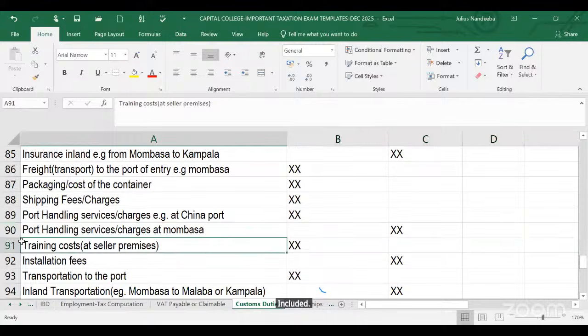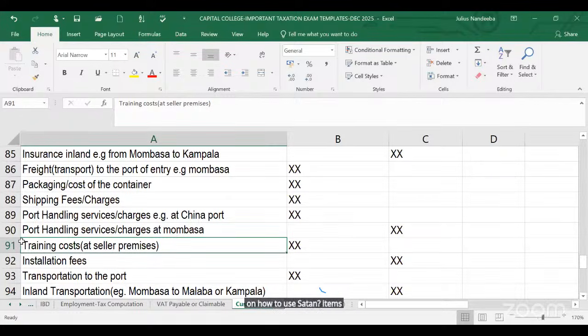Training costs. I think so many students have asked me about training costs. Ladies and gentlemen, you must know where the training costs are coming from. Because what are they training on? Some imports cannot be made unless you have been trained on how to use certain items.